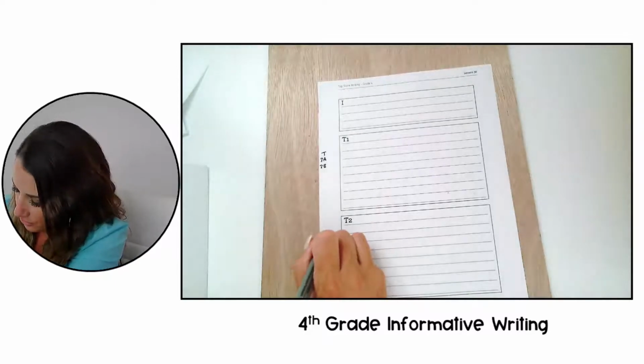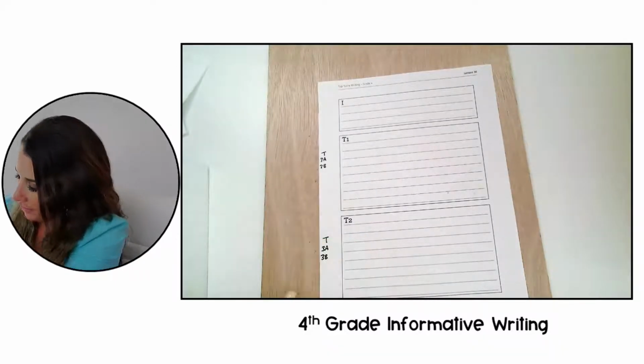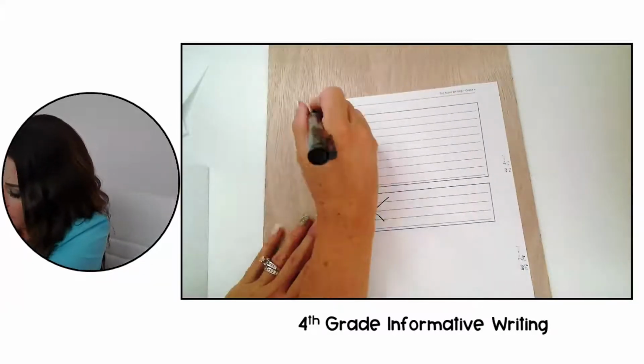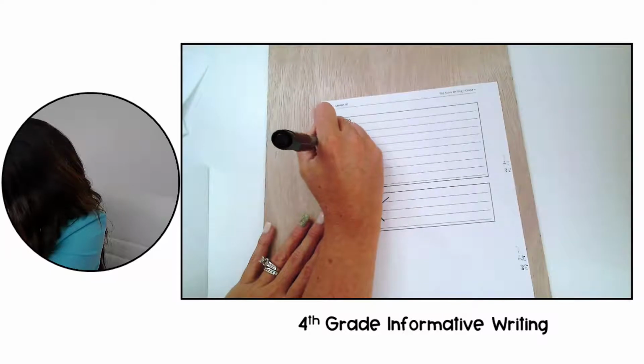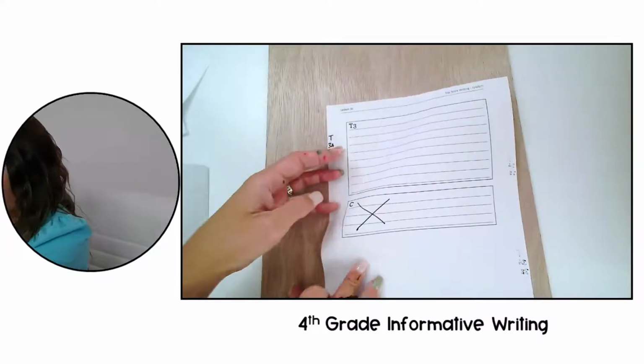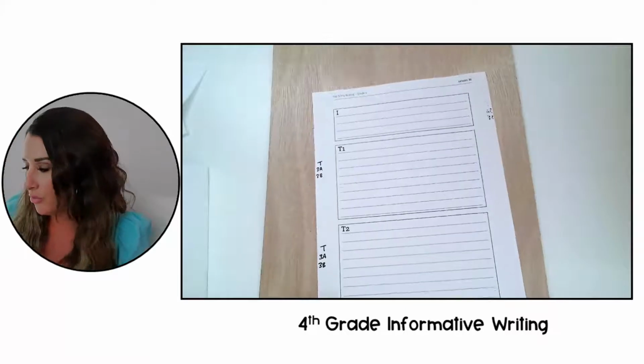Next to your T2, T3A, 3B. And next to your T3, T3A, 3B. Okay, and that way, as you are writing the paragraphs, I want you to check off, just like I would, to make sure I had all those parts.